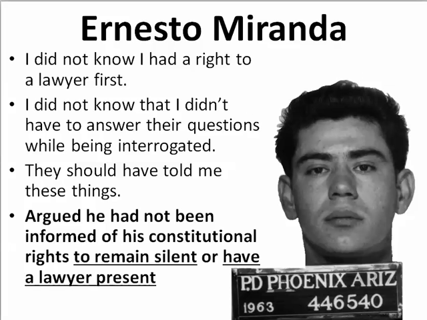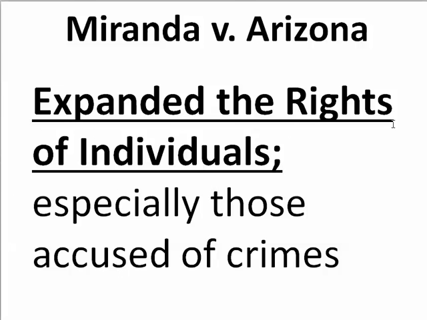He is actually sent back to court, and they find him guilty and send him to jail. And he stays in jail till the 1970s. Then he gets out and he's released. But at any rate, we see here that the decision of the court is going to expand the rights of individuals, especially those individuals who are accused of crimes.